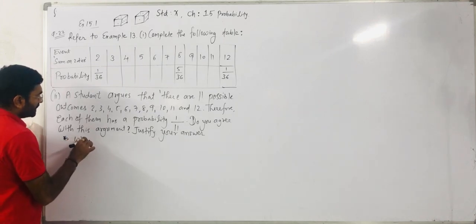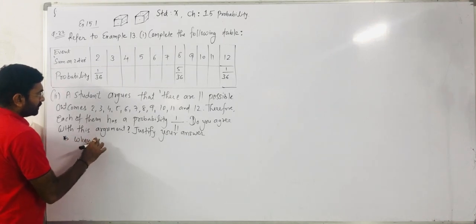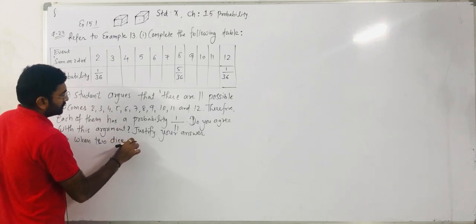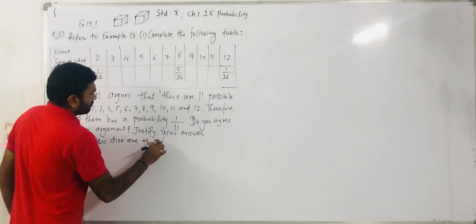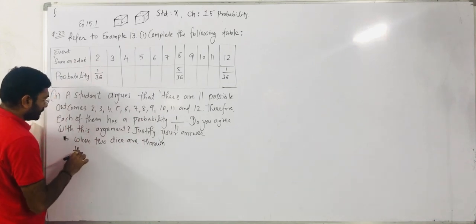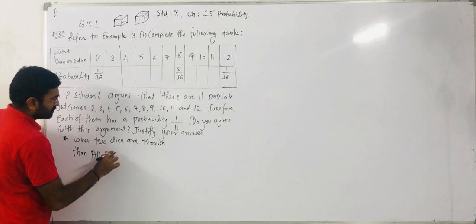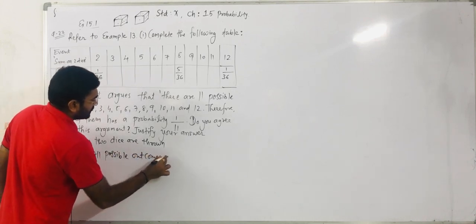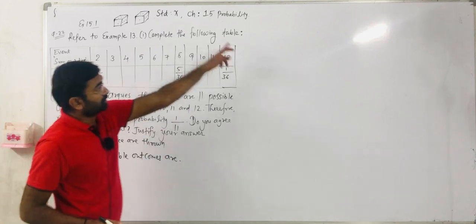When two dice are thrown, then all possible outcomes are what I mention here.